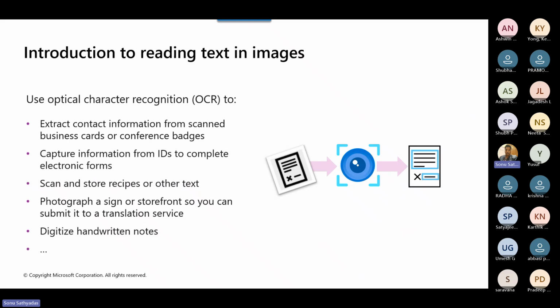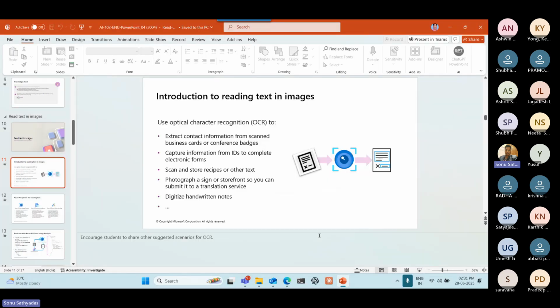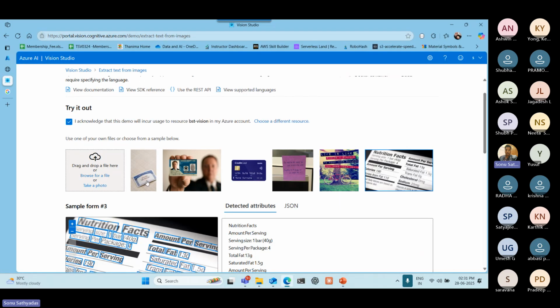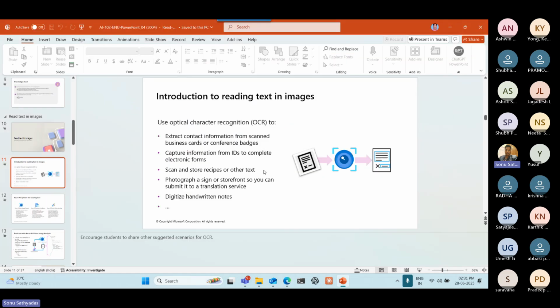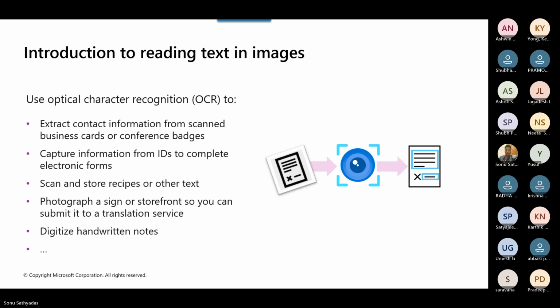Photograph a sign or storefront so you can submit it to the translation service. Digitize the handwritten notes. So all these examples I have shown you in the portal, right? So we can use the card or handwritten text, the recipe, and all these we can read using the vision service.